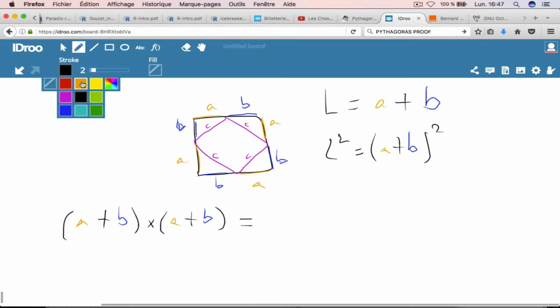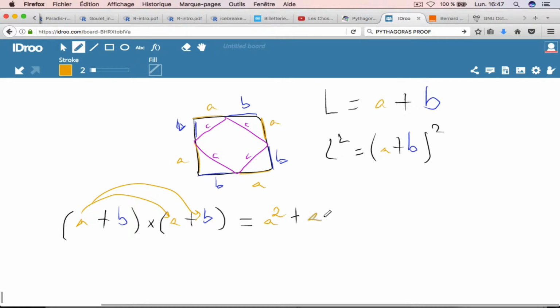That means we take this term times this term and this term times this term. So that's A times A, which is A squared, plus A times B. And then we take this term times this term and this term times this term.